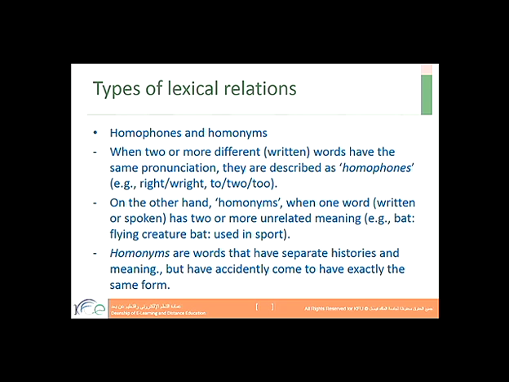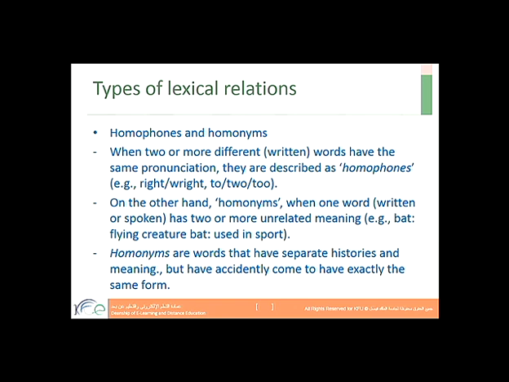So when one word has two or more unrelated meanings, the first bat refers to a kind of flying creature, and the second bat, with the same spelling and the same pronunciation but a different meaning, refers to a tool which is used in sport.